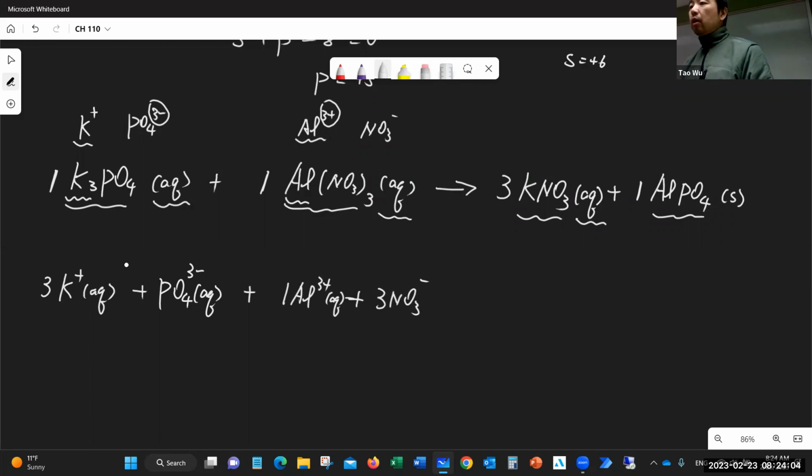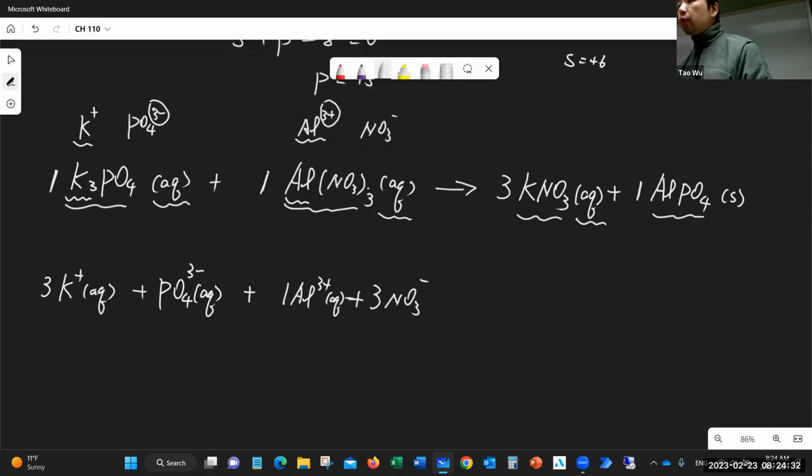Okay, I saw students write the nitrate ion like this. Okay, there's no such ion. We only have a nitrate ion. The reason we put a 3 over here means we have 3 nitrate ions. So for the 3 nitrate ions, we put a 3 in front.